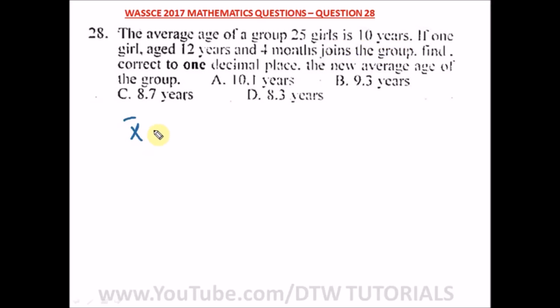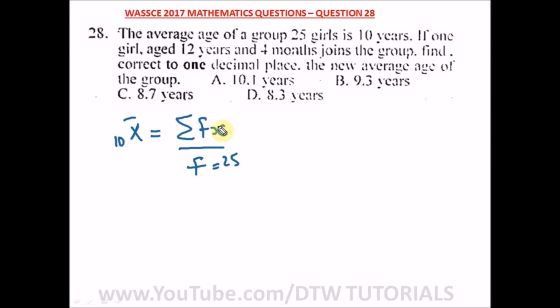This is a group data. So mean is summation of frequency times the value over frequency. So from here we know that the average age of a group of 25 girls, that's frequency, which is 25, is 10.